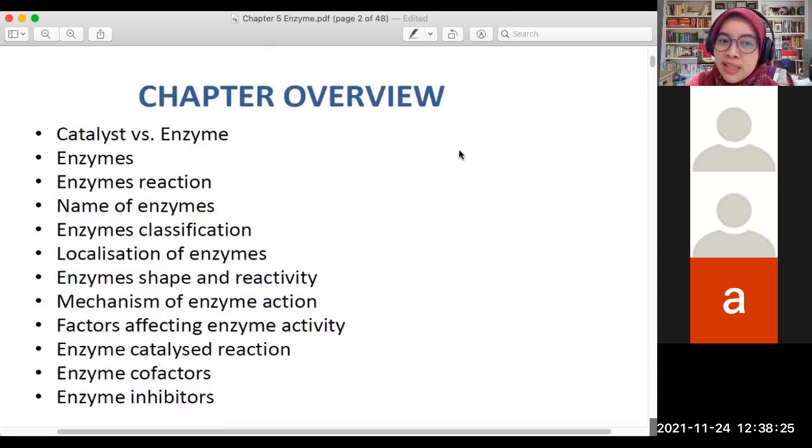Certain people are lactose intolerant. Whenever they drink milk, they keep on vomiting, for example, or they experience diarrhea. That's one of the indicators that there might be something wrong inside that person's body that makes them unable to digest things inside the milk. In lactose intolerant people, they don't have the enzyme lactase. Either they don't have it, or they don't have sufficient amounts, or the enzyme is altered, for example.